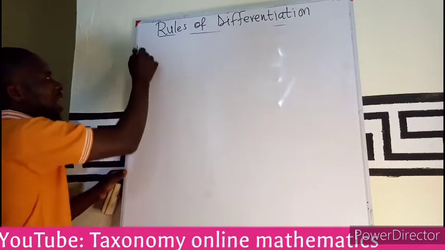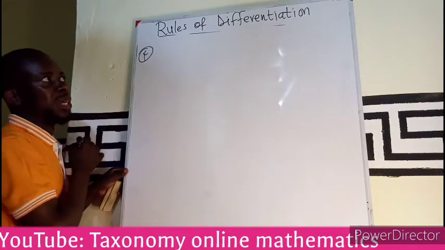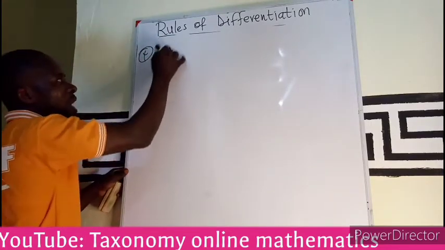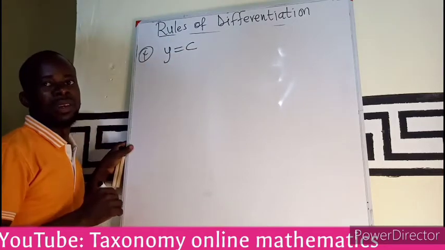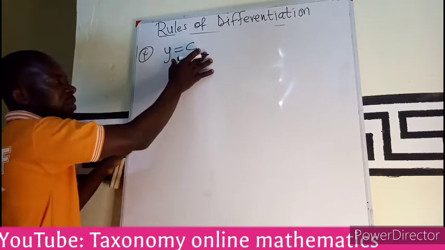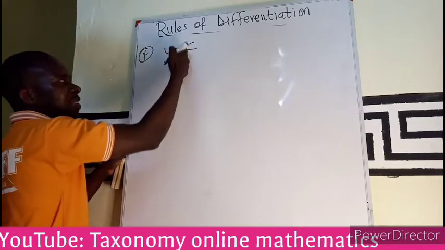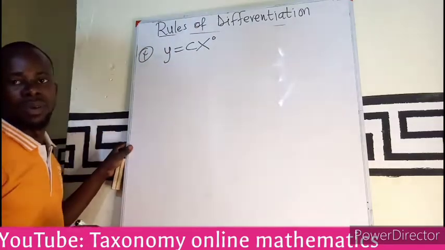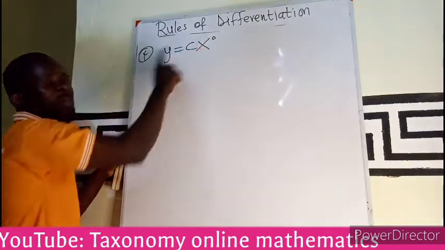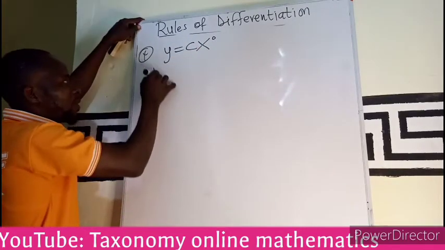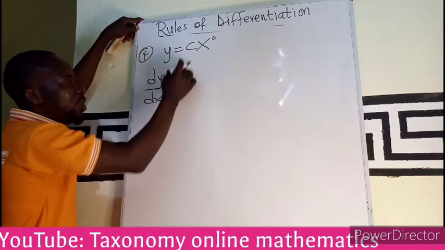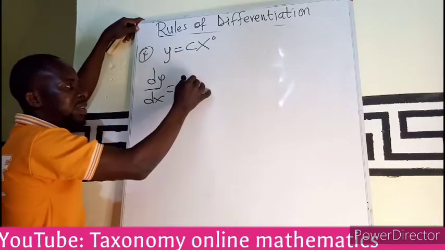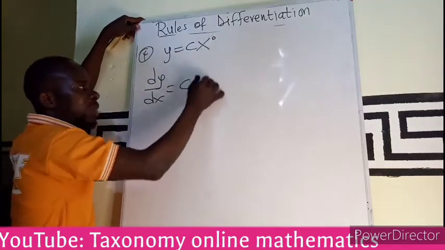Similarly, if I have a differentiation of a constant, let's say y equals c as a constant, we know that the x term is exponent 0. So our dy dx is going to be: hold the constant, which is c, multiply by the exponent.